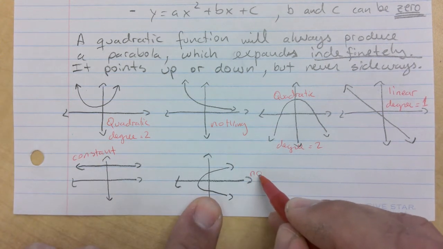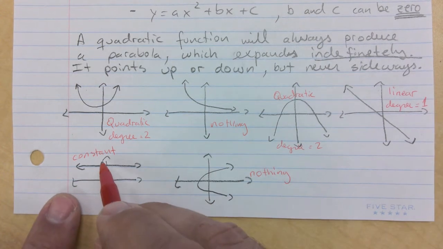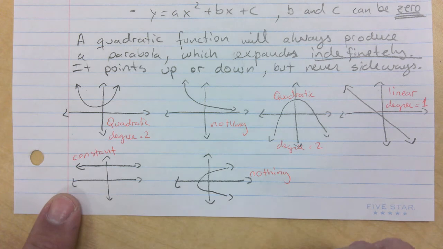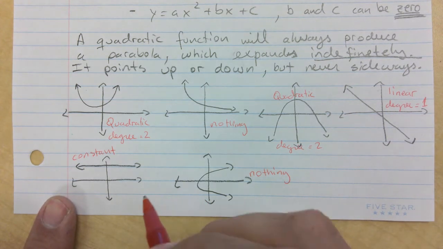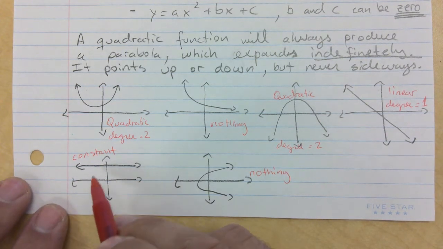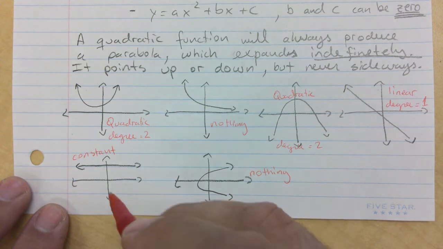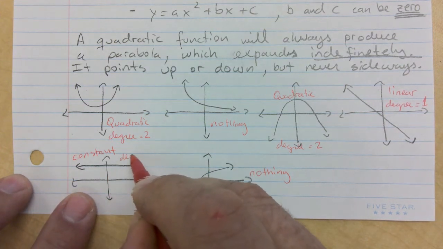And this one is nothing either. I guess I should say, if it's a constant, do you know what degree it has? Anybody brave enough online? If it's a constant, what would be the degree of that function? There is no x in there, right? 0, that's right. So degree 0.